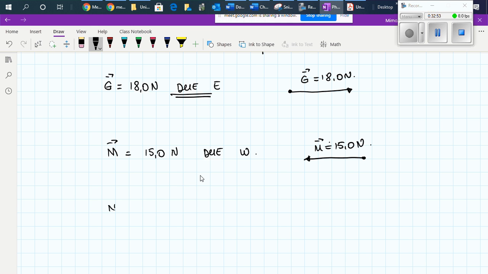Or a vector N with magnitude of 22 newtons, but now it is due north. Then the way that we represent it is just going straight north, 22 newtons. Is this clear? Do you have any questions? Okay.